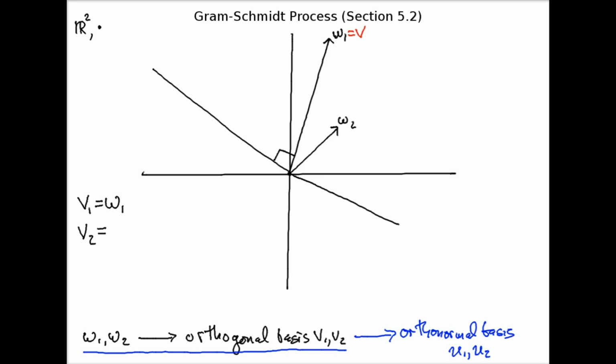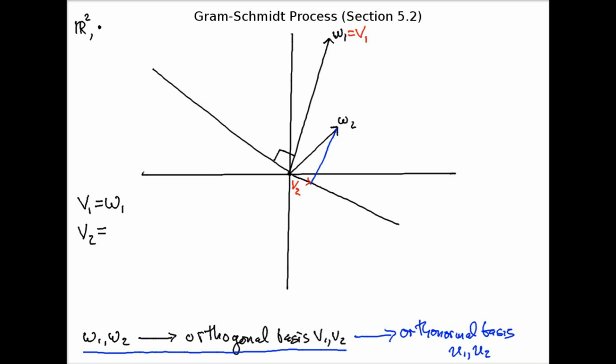And a natural thing to do is to take the projection of W2. So that is to take this to be the vector V2. And that's basically the Gram-Schmidt process. This is V1, and this is V2, and that's our new orthogonal basis.